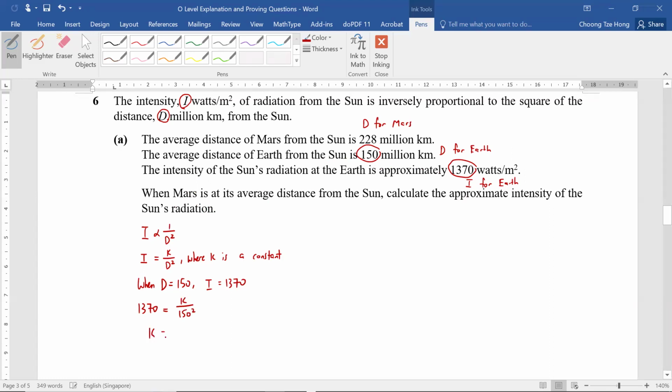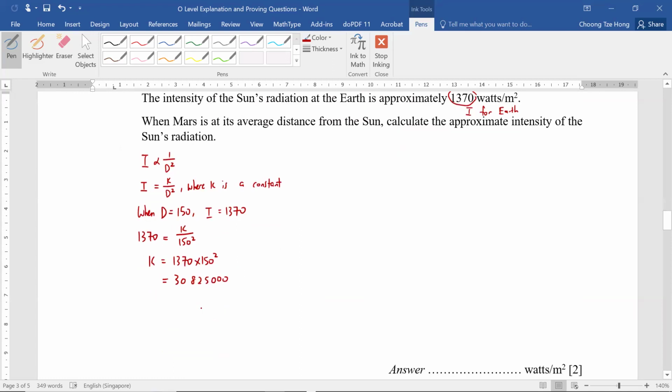So K equals 1370 times 150 squared, which gives us 30,825,000. K is a rather big value. Now that we know K, we have fully known the equation already. So I will be 30,825,000 over D squared.